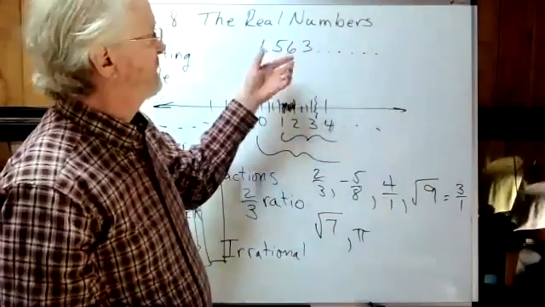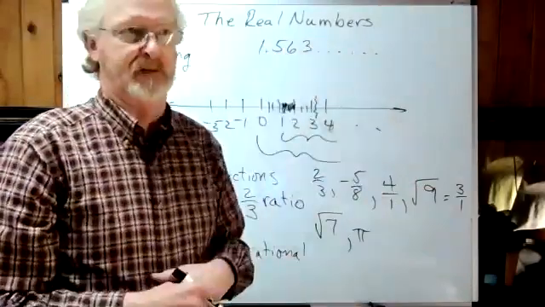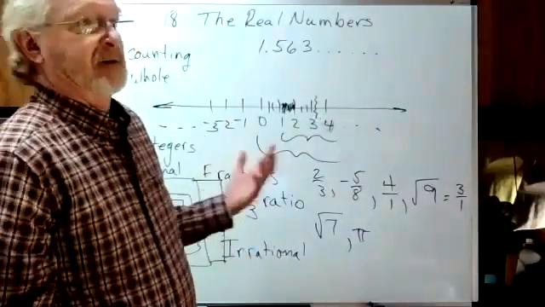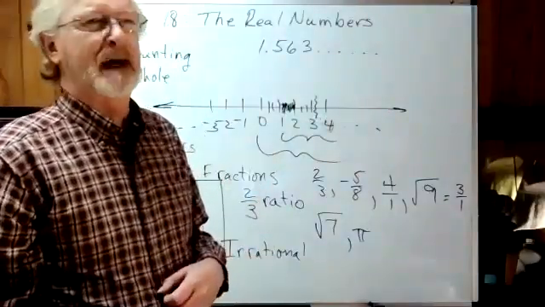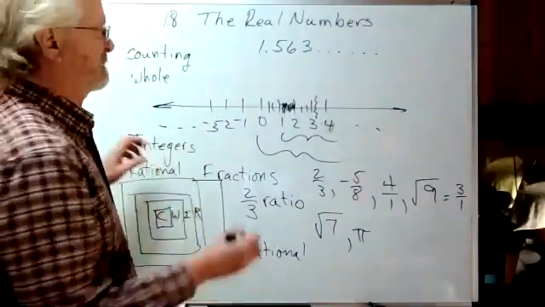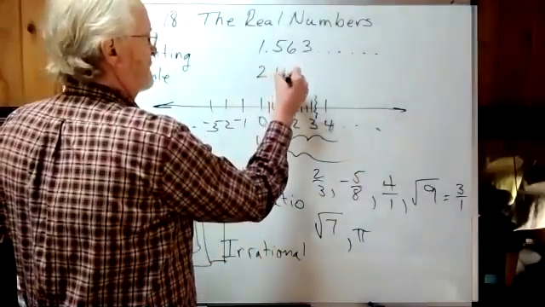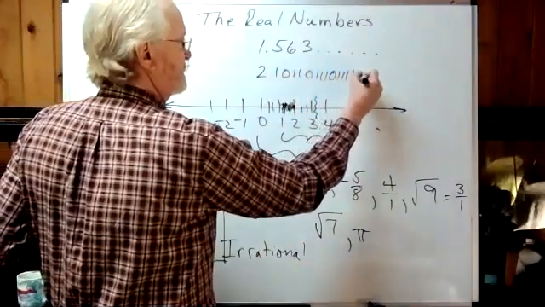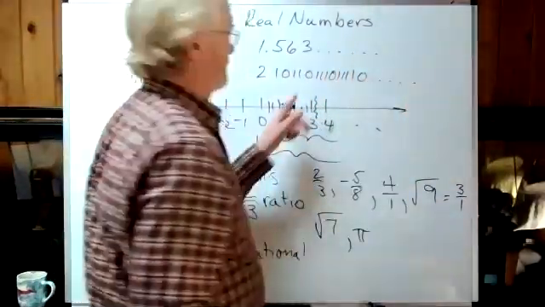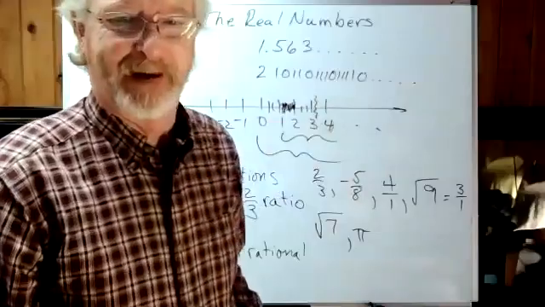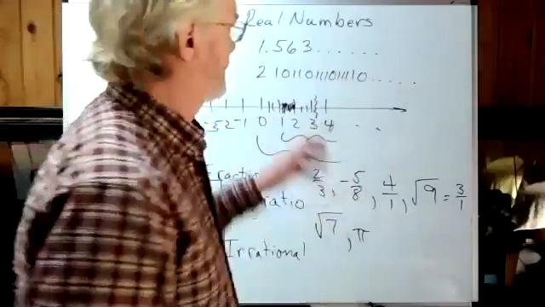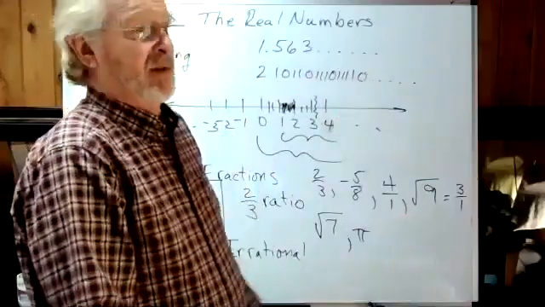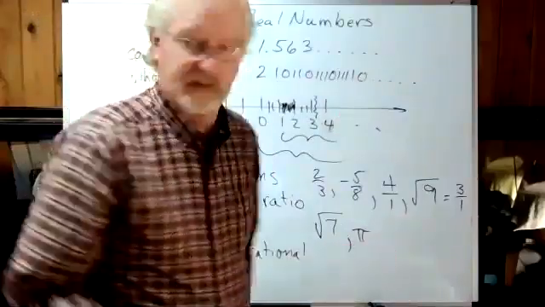Any non-repeating, non-terminating decimal, where terminating means it stops, is an irrational number. You can make up weird patterns, like the usual textbook one: 1 0 1 1 0 1 1 1 0 1 1 1 1 0. There's no real formula for that; I just made up a pattern, but it never stops. It's an irrational number. So there are a lot of irrational numbers, just like a lot of fractions.